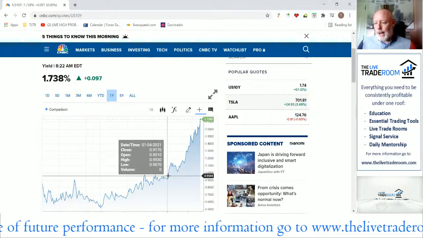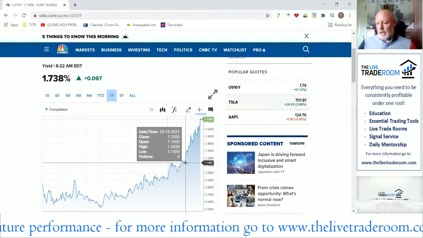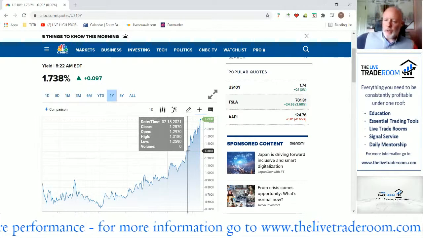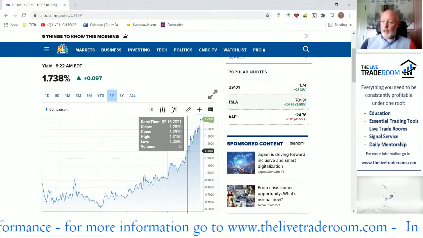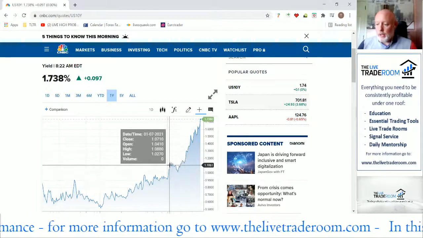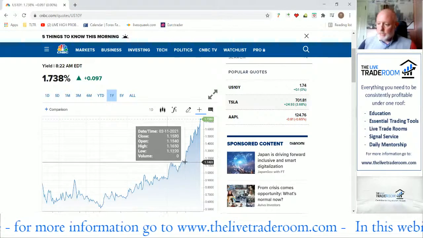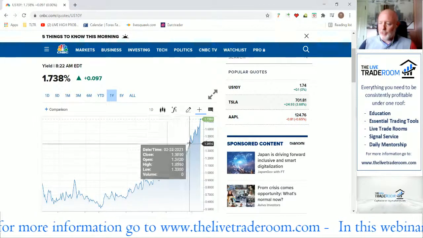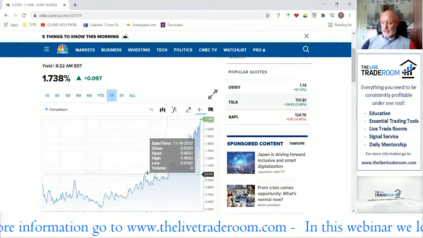But look at what's happened since early January to this bond yield. Demand for bonds has been decreasing really, and the net impact of that is that these bond yields have been increasing. It's the rate of this increase that's really quite worrying and troublesome for these markets.